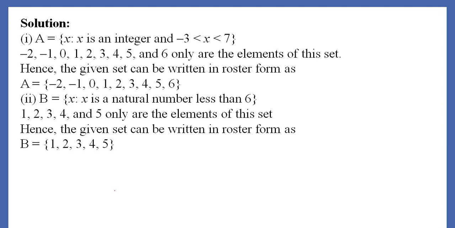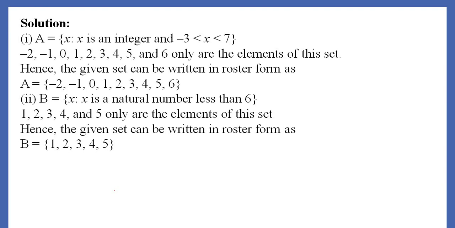Now we have to represent these elements in roster form of the set. That means we will separate these elements by commas and list them within curly brackets. And here the set is defined by A = {-2, -1, 0, 1, 2, 3, 4, 5, 6}.